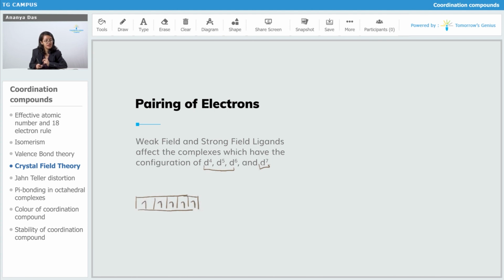So if I pair up electrons, then I can easily make the orbitals empty for a d2sp3 configuration. Similarly for d4, d6 as well as d7. So in that case, we can apply the concept of strong field and weak field ligands. That is, in case of strong field ligands, pairing is going to happen. In case of weak field ligands, pairing is not going to happen. Because here we can get a d2sp3 or an sp3d2 configuration depending upon the delo of those ligands.